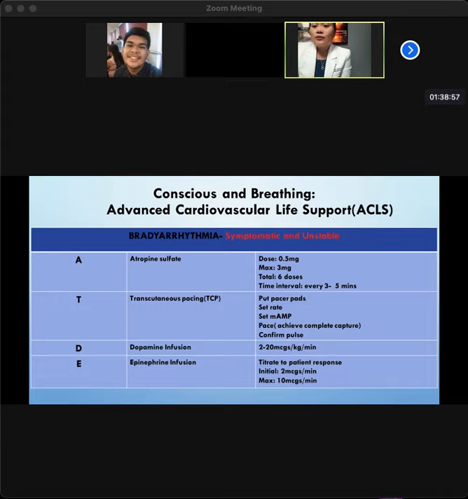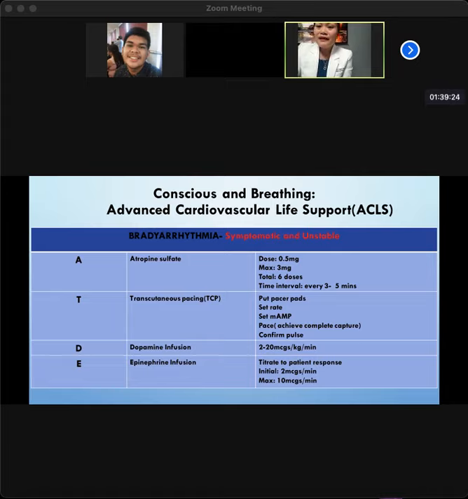Okay? Dopamine infusion at 2 to 20 micrograms per kilogram per minute. Okay? Pag wala pa rin, you can opt to give your epinephrine infusion. Okay? Titrate the dose to patient response. Initially, you can give 2 micrograms per minute at maximum dose of 10 micrograms per minute. Okay?